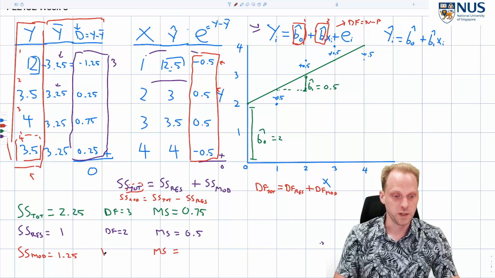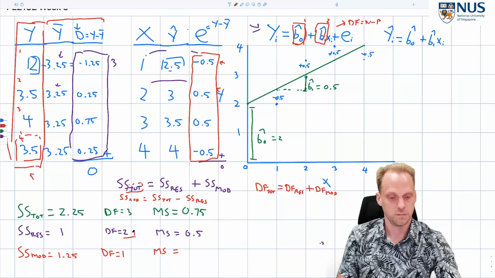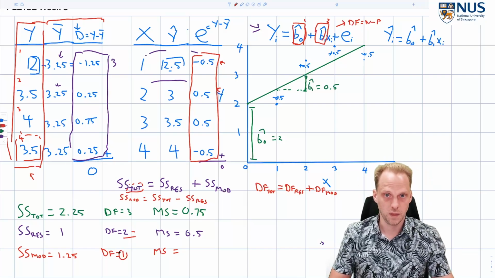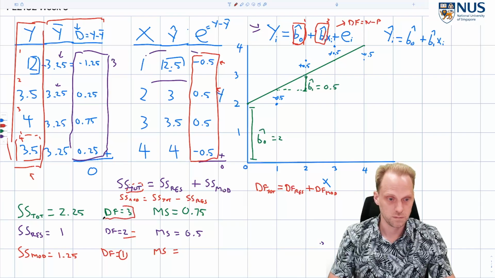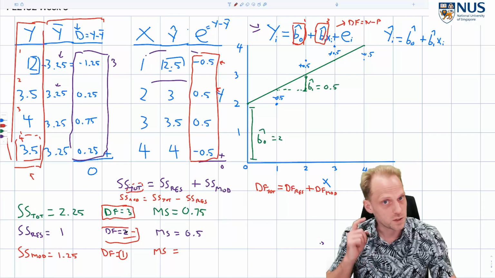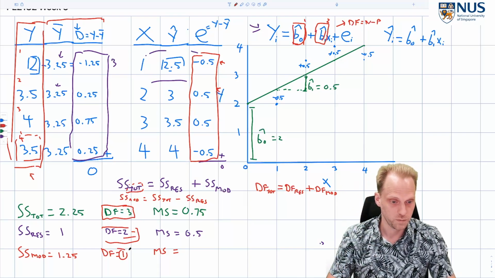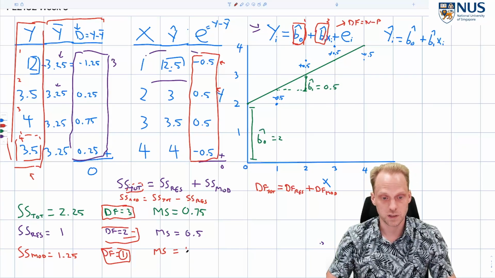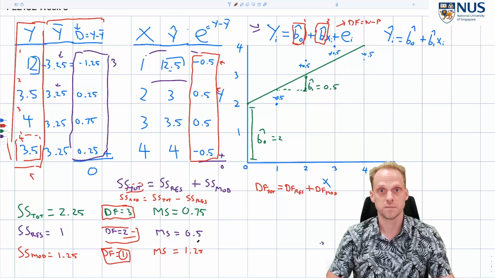So that means that the degrees of freedom here is 1, namely 3 minus 2. That's the degree of freedom we're left with. We had 3 degrees of freedom in this model with just a mean, right? We're left with 2 degrees of freedom in the variance of the model that also has a slope. So that means 1 degree of freedom got into that model, which is here. So the mean square is this divided by degrees of freedom, which is in this case the same thing.